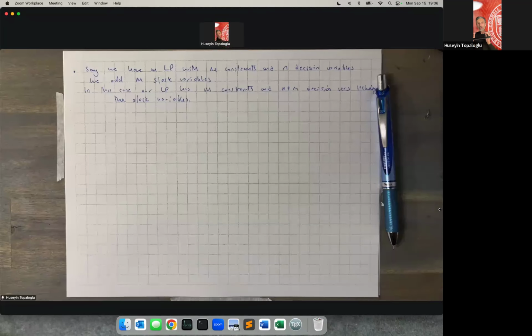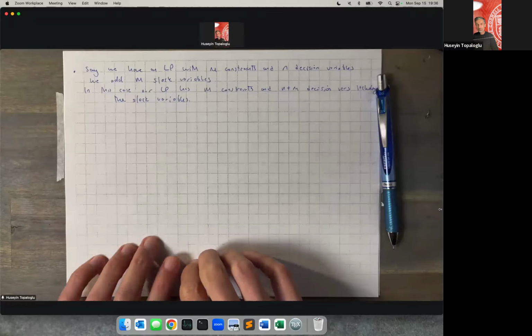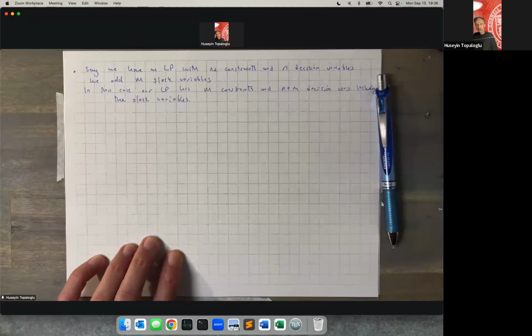But during the course of the simplex method, if I have m constraints, there are always m decision variables such that each one of them appears in a different constraint row with a coefficient of 1 and nowhere else.